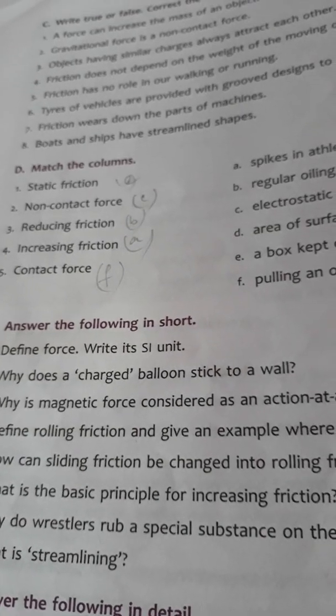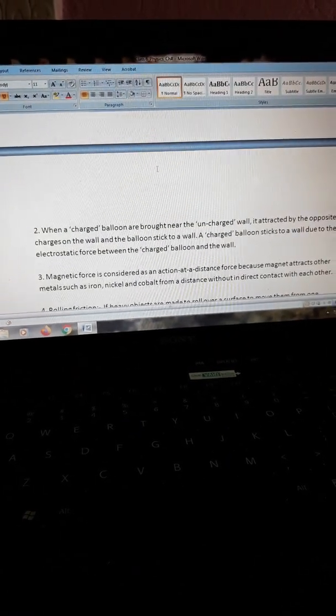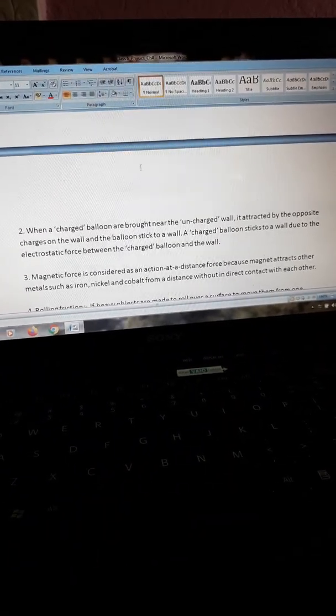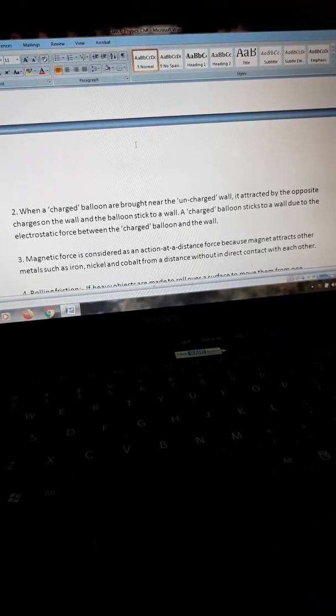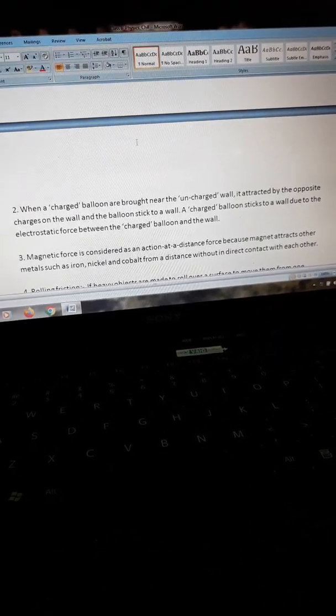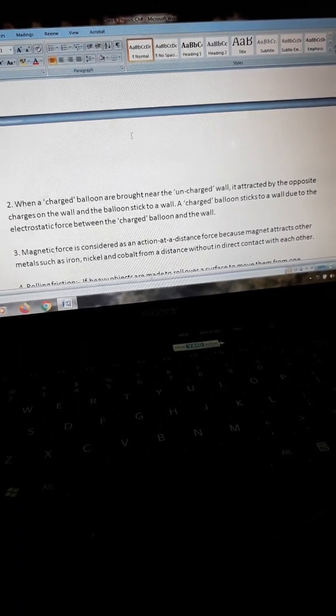The next question is: why does a charged balloon stick to a wall? When a charged balloon is brought near the uncharged wall, the question mentions the charged balloon, but it is not mentioned whether the wall is charged or uncharged, so we take the wall as uncharged.